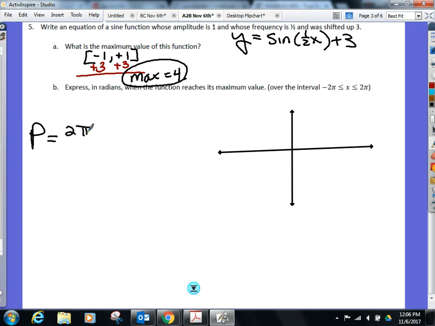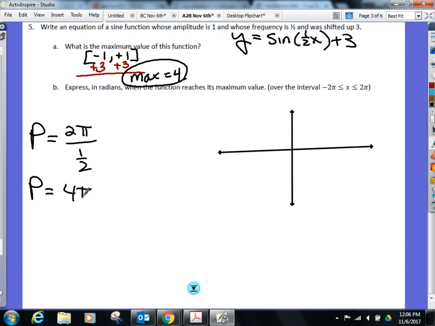So 2 pi divided by, what was my b value? Half. So I'll let you operate on that in a second, and then I'll ask what the period was. Got the period back there, Cooper?